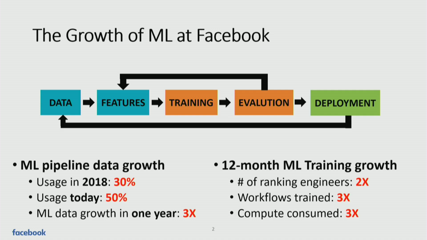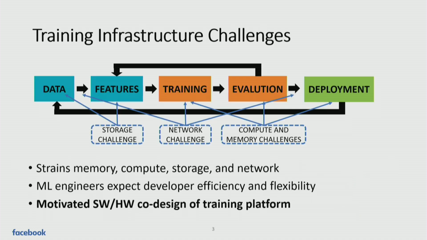Another aspect is that in a 12-month period, the number of ranking engineers, the people who are experimenting with new models, trying new hyperparameters, exploring, has increased by 2x. And the number of workflows trained and compute consumed by workload increased by 3x. All of those things place a significant demand on the system.